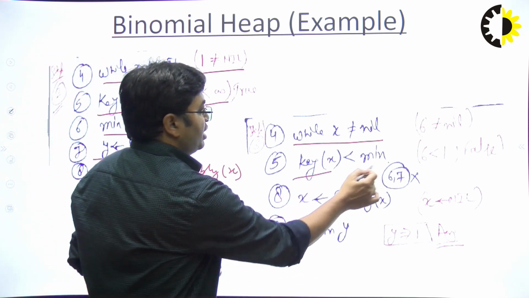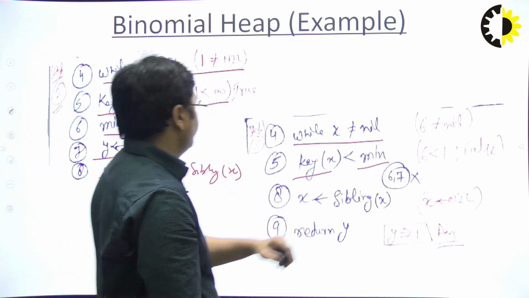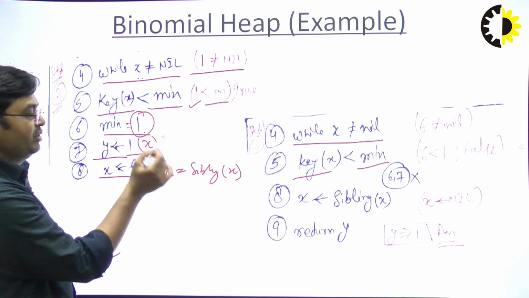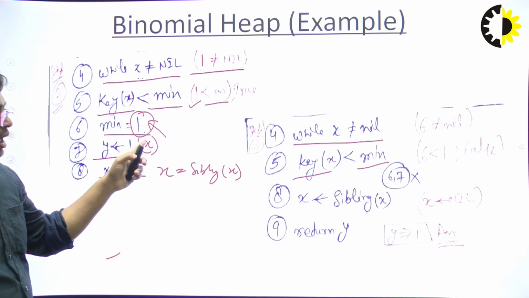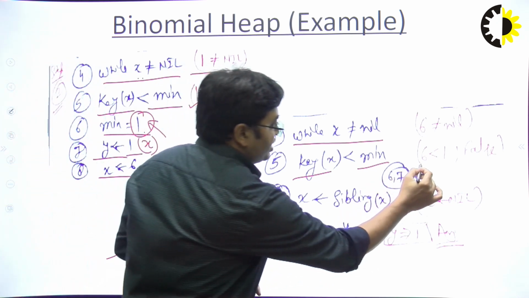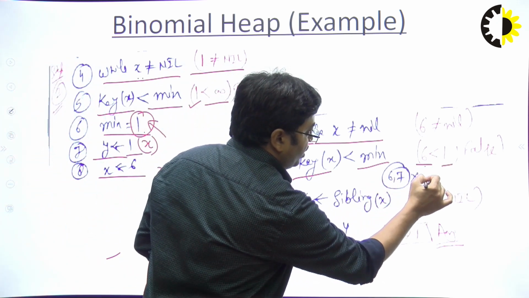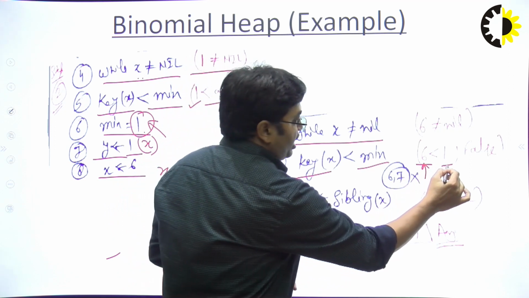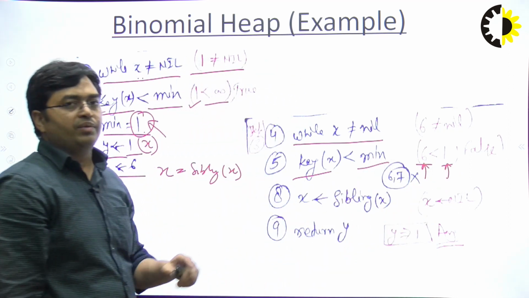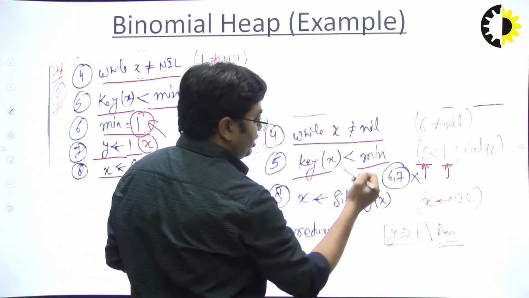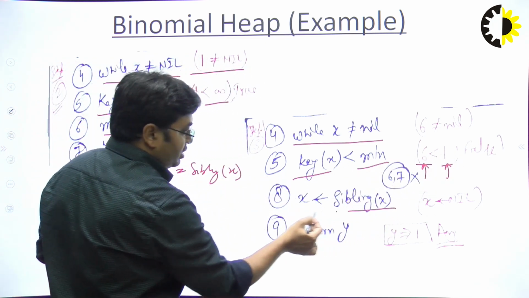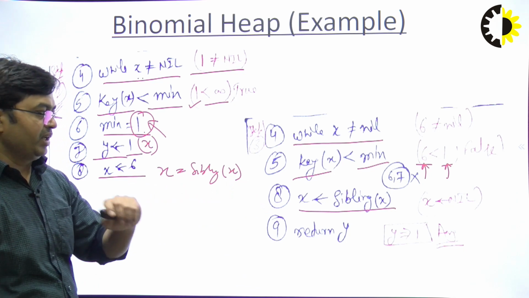Key of x less than minimum, key of x, now last time we had the minimum value 1 in the last step, and we are checking the current value of x with the last value of minimum, which has become false, and which has become false means x is the sibling of x.